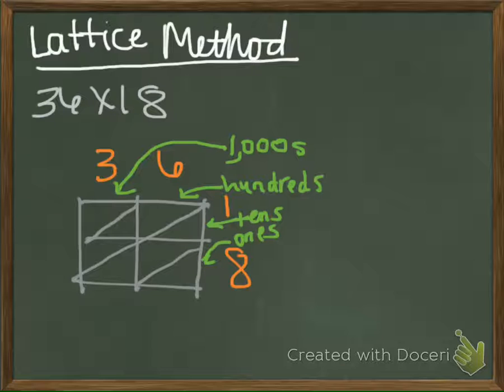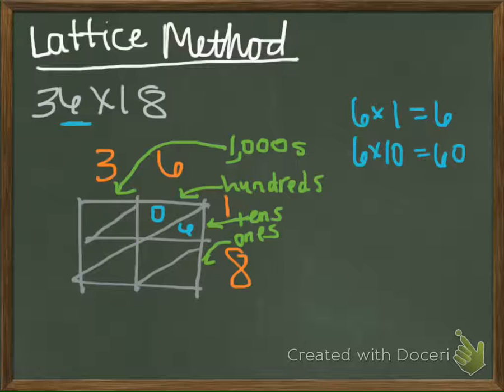Okay, now we're going to get to it. So now we're going to multiply. Our first one is 6 times 1, which equals 6. And we're actually not doing 6 times 1, we're really doing 6 times 10, which equals 60, because we have the 6 right here, times 10.